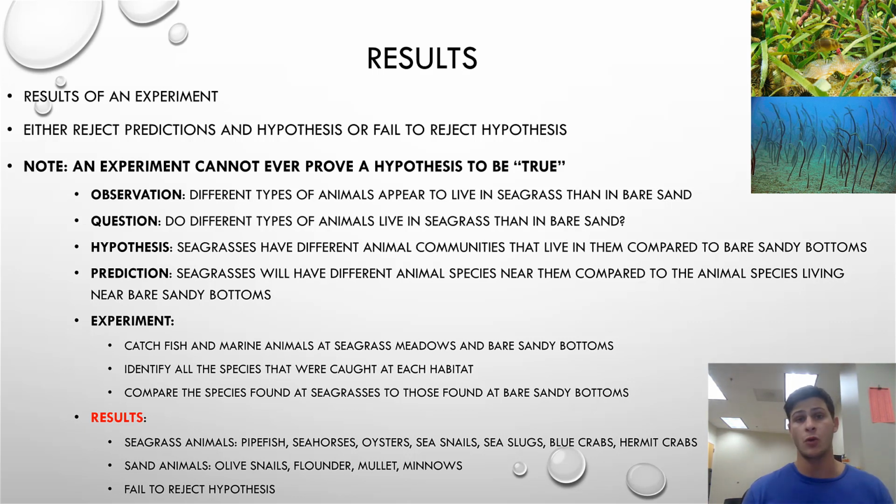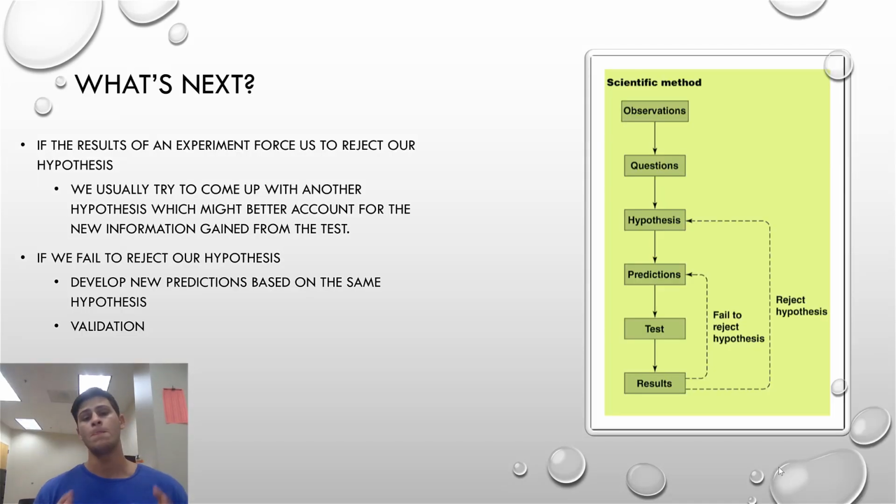Now, based on these results, we cannot reject the hypothesis that bare sand has different animals associated with it than seagrass meadows. We can't say that that's true, but we can fail to reject that hypothesis. So, based on the results of our experiment, we either reject our hypothesis or fail to reject our hypothesis.